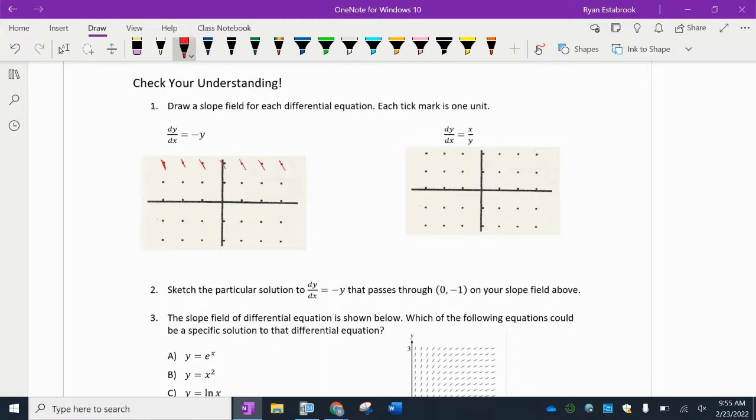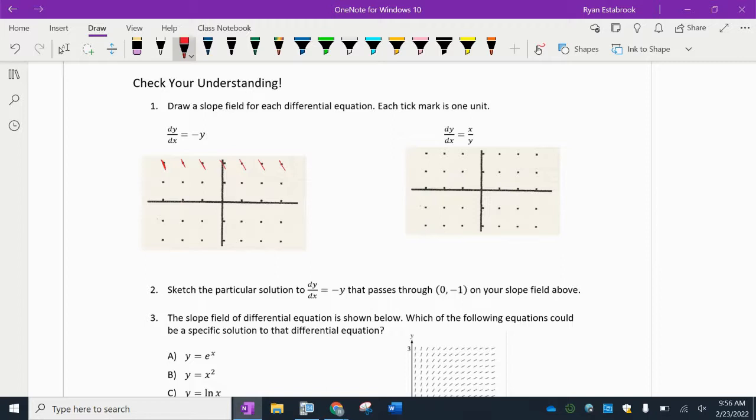Can you try to fill out the next couple rows? So the derivative at that point is going to be the opposite of the y value.